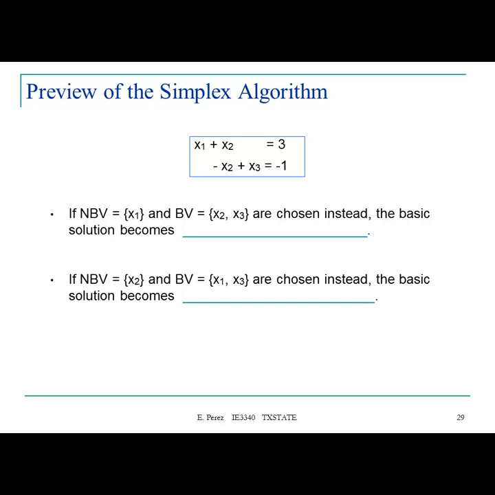If we assign x1 as our non-basic variable and basic variables x2 and x3, then we have another basic solution. If we repeat the process with x2, we have another basic solution. The only difference between these solutions is the assignment of the non-basic variable.